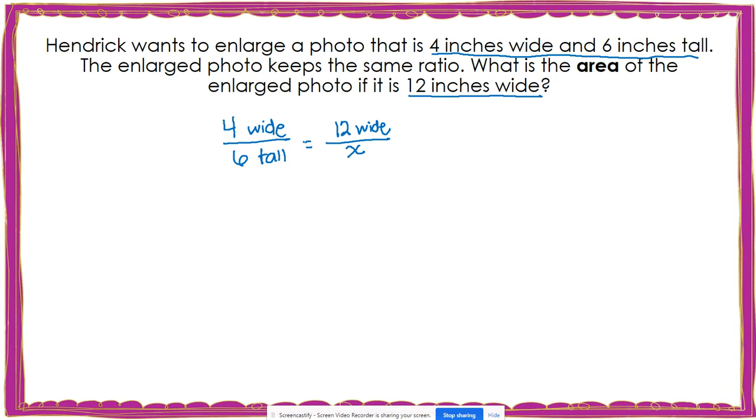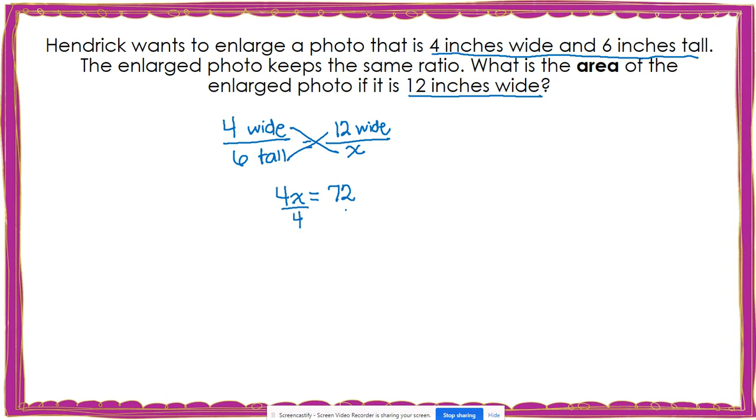Now, for this one, I can see that if I move from 4 to 12, I can pretty easily see that I can multiply 4 times 3 to get to 12, which means I would also multiply 6 times 3 to get to x. So I can see that x would be 18. But if you can't see that, or if you just prefer using cross multiplying to solve your proportion, you can do that here. 4 times x would give me 4x. 12 times 6 would give me 72.